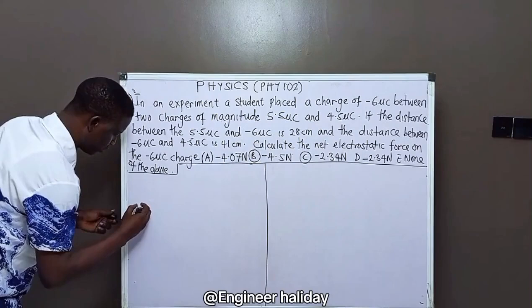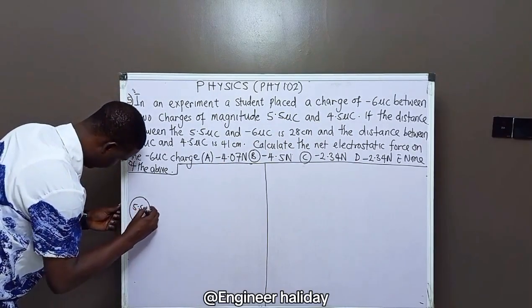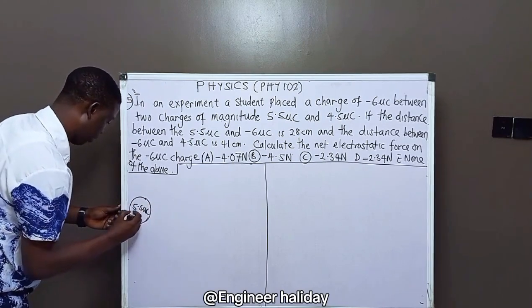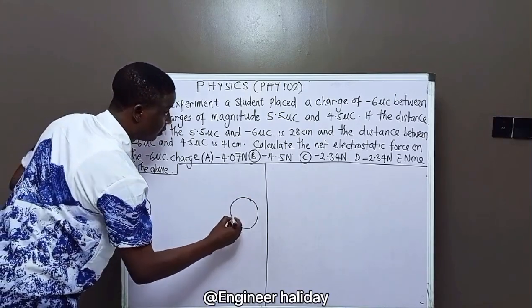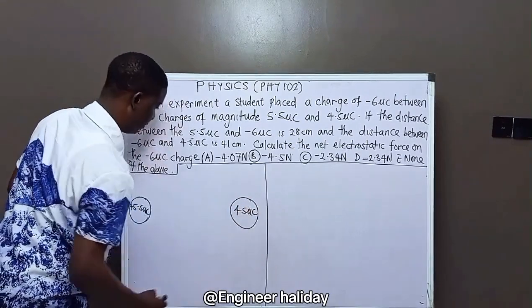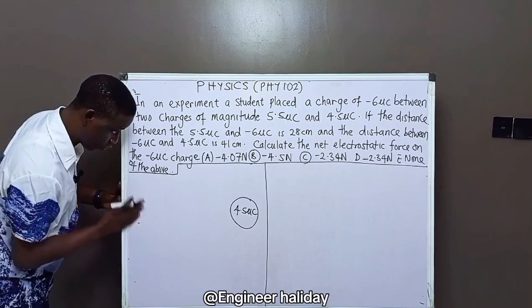So let's just place this 5.5 here. You can put it on the left, you can put it on the right, plus. And let's place another one here, a 4.5 microcoulombs. Now, from the question, that's what we are told.